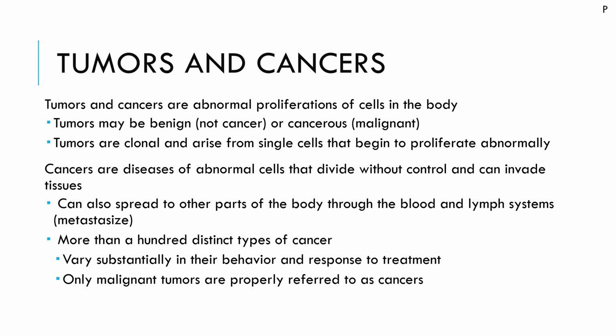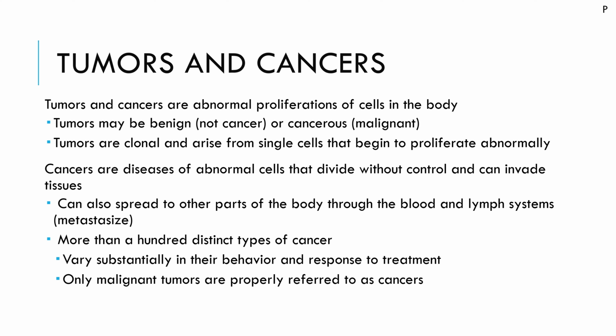Tumors are clonal in nature, that is to say that they arise originally from single cells that begin to differentiate in an abnormal way. Cancers are diseases of abnormal cells, and they divide without control and can invade other tissues. And that is really the defining characteristic of cancers, lack of control and invasive capabilities.